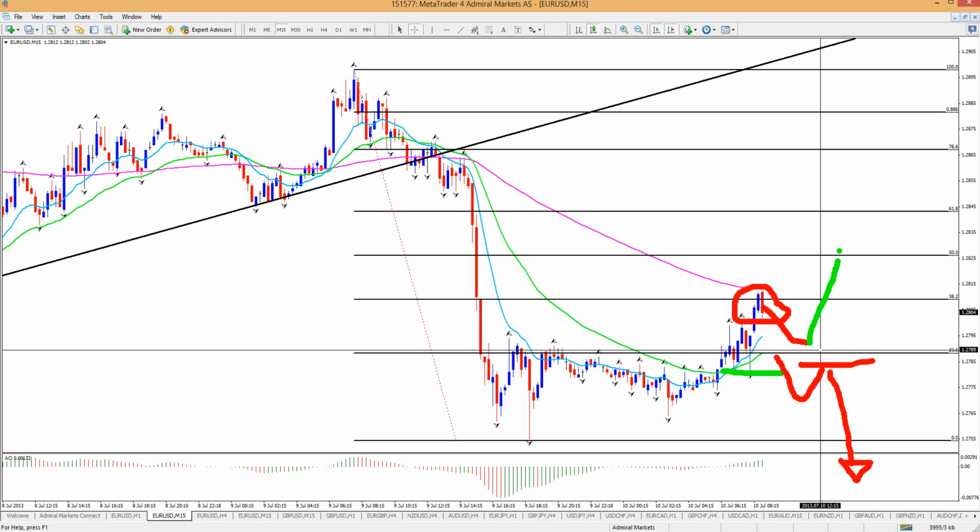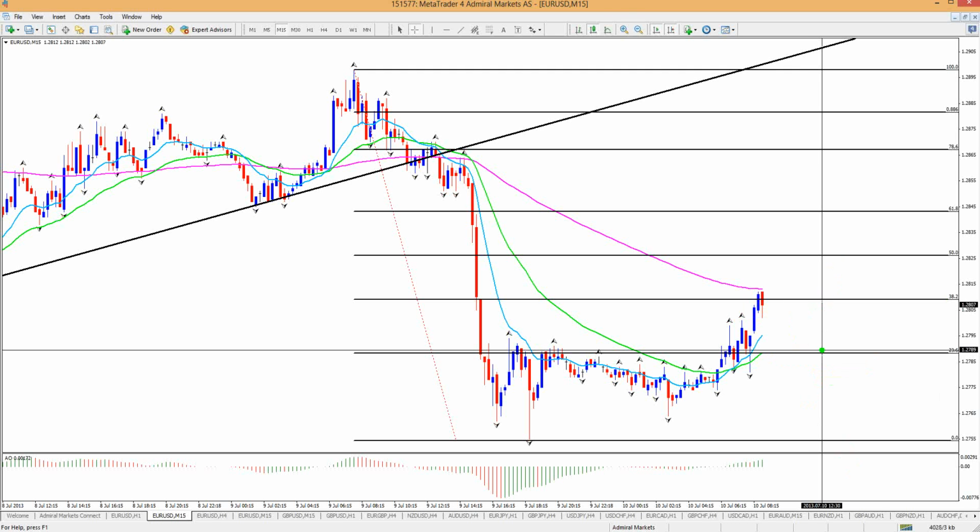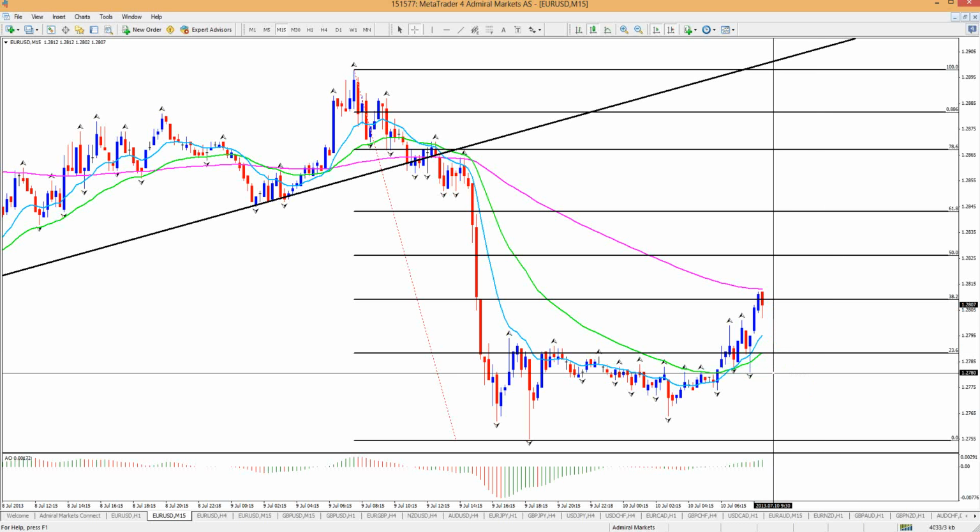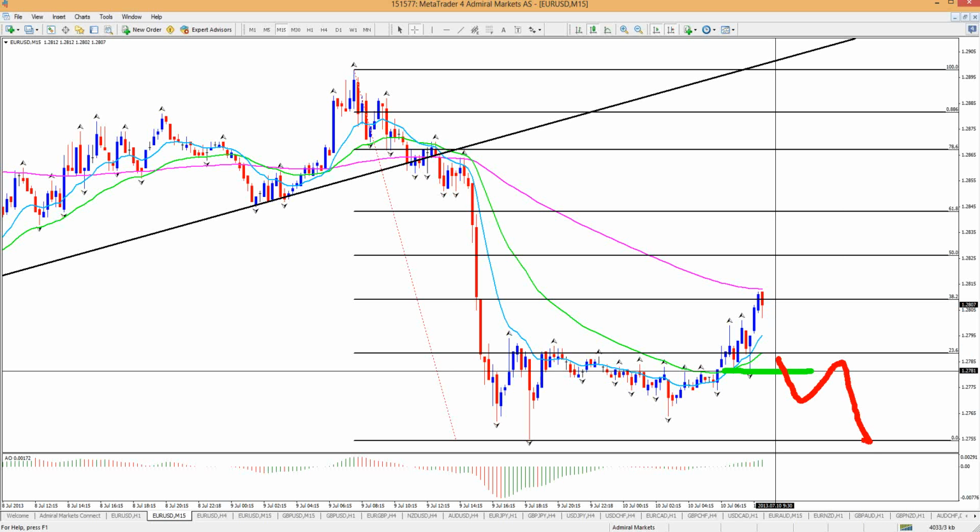While if we wait for the break of that green horizontal line, I'll draw it again, if we wait for a break of this level, then we have more confirmation of a continuation down, because otherwise any down move here could still find that support to move to the 50.